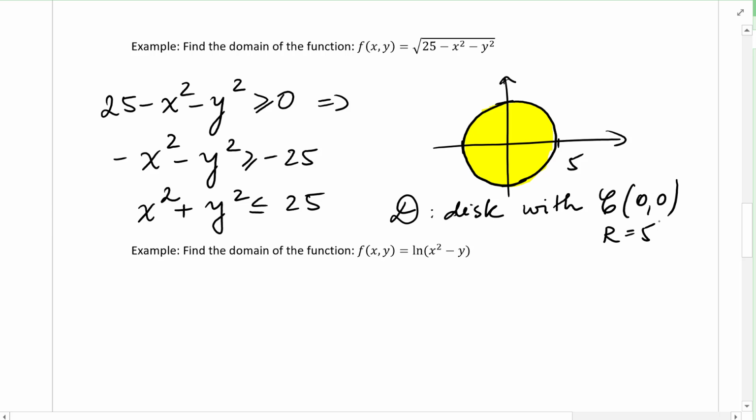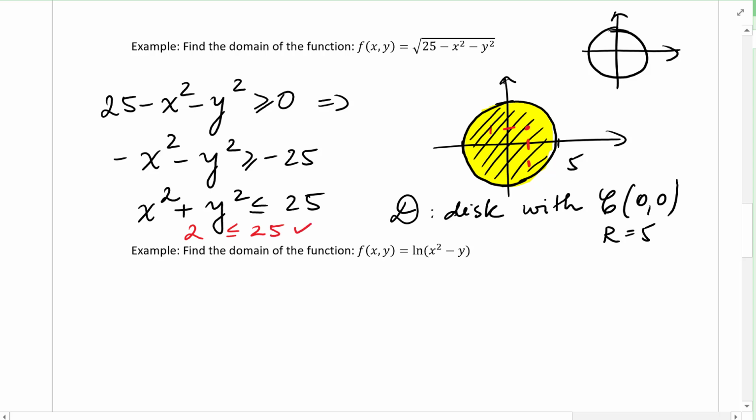But again, it's a disk, right? So if I draw this, it's a circle, but it's not empty. The disk involves all the points. If I choose a coordinate from here, 1, 1, for example, and replace it here, we get 2 is less than or equal to 25, which is true. So all these points, including the ones on the circle, are points in our domain.